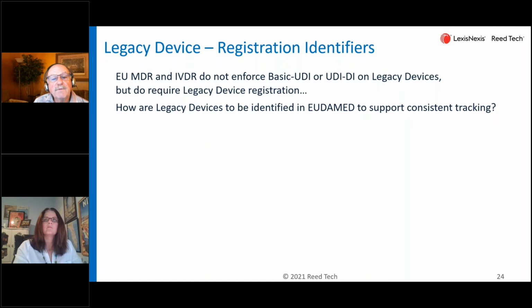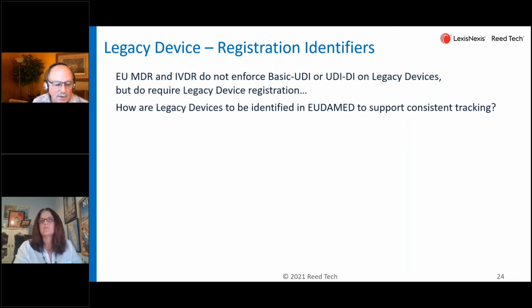And yet there is a requirement in the regulations that legacy devices need to be identified. We talked about the need for reporting a serious incident into EUDAMED and registering a product. So how does that happen if you can't use the basic UDI-DI?